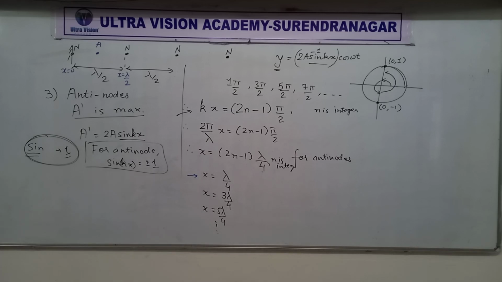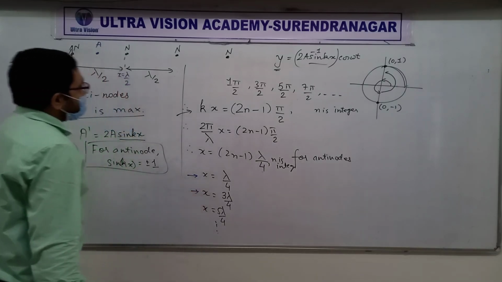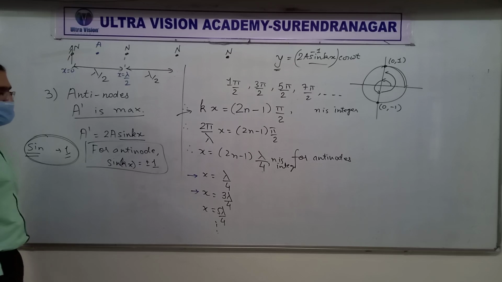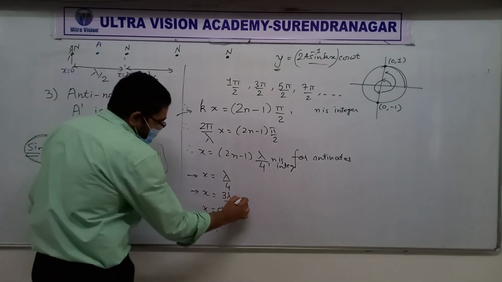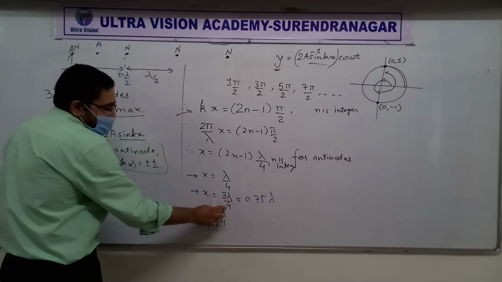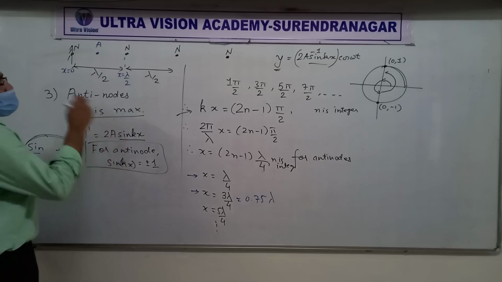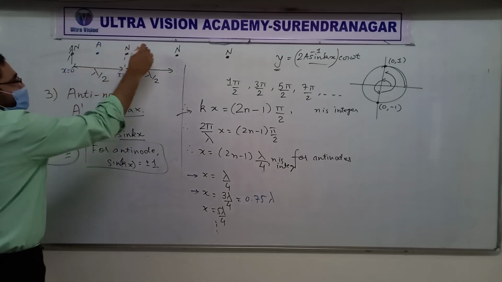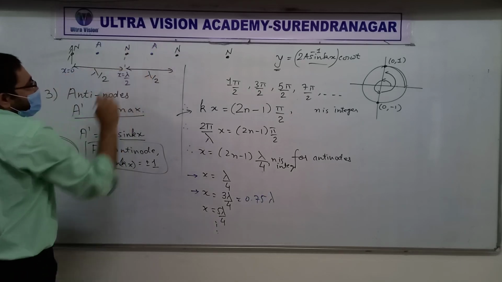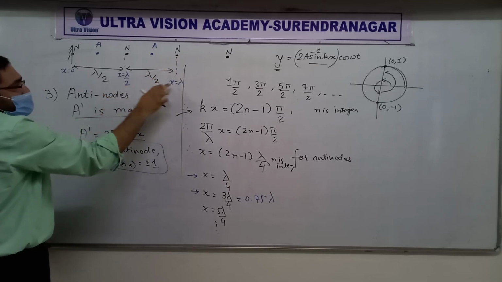Then, what about this one? 3 lambda by 4 means 0.75 lambda, isn't it? So 3 by 4 lambda will be here, exactly between lambda by 2 and lambda.